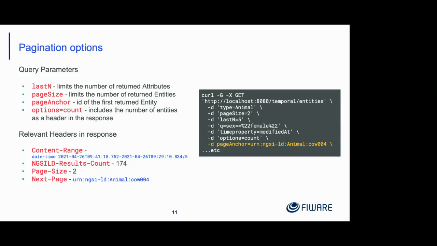The reason they're not in the data is that the data is just an array, and typically data returned from any queries endpoint like temporal entities or entities will be an array. It hasn't got any space to put this additional data in the body, so it has to come in a header.